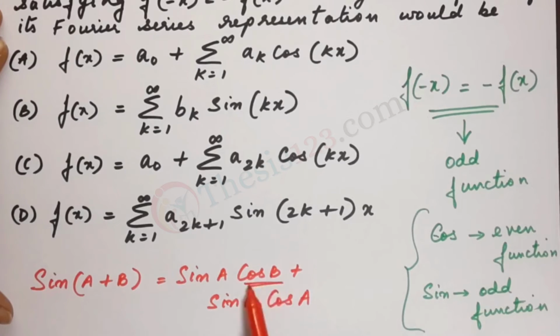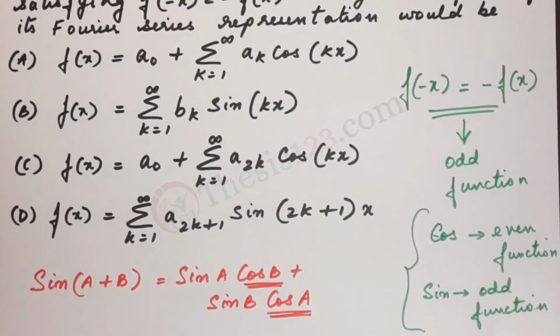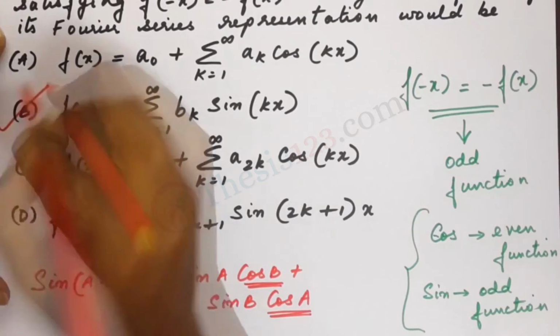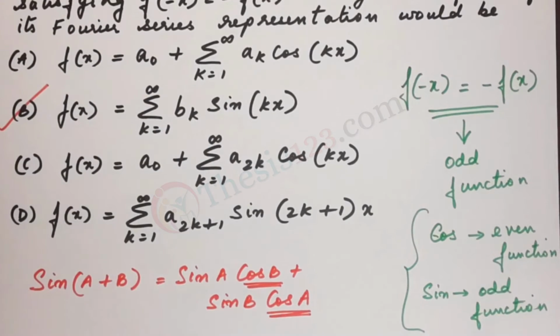So here we have a cos b term and a cos a term, which means that there is a cos term, and a cos term is an even function. So we are looking for just a sine function, which means that option B is right. Option D is ruled out. Option B is the right answer. I hope this generalization has helped.